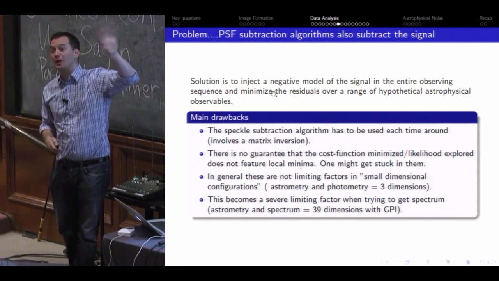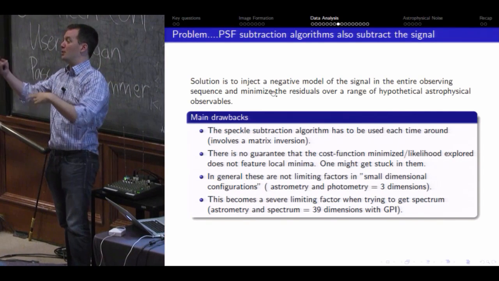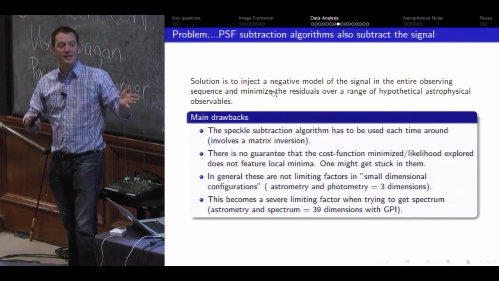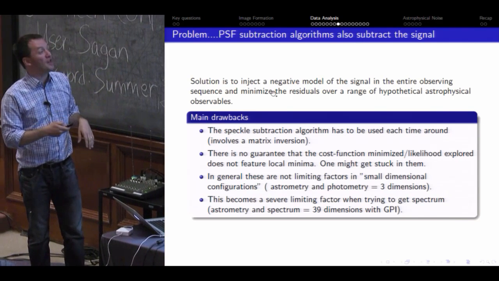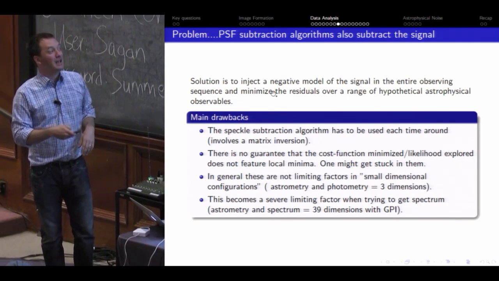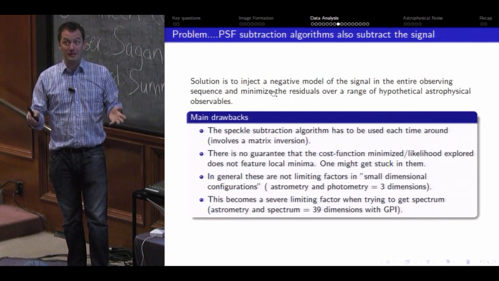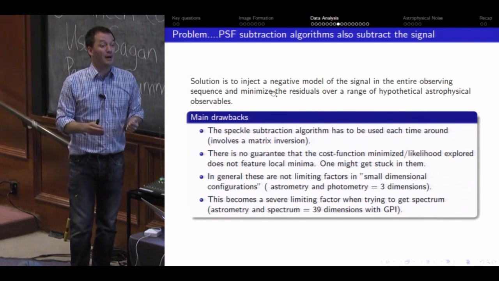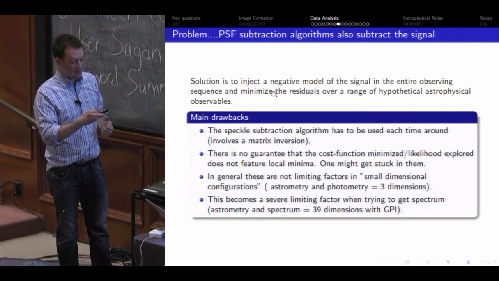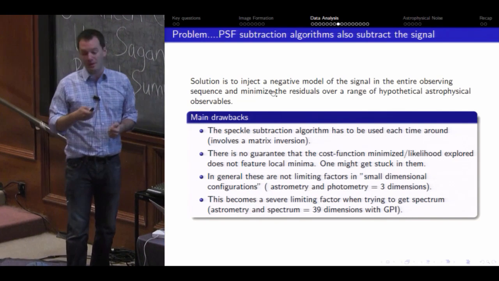Now, when you look at low-dimensional cases like astrometry and photometry, 3 dimensions, these degeneracies are not that bad. When you look at higher-dimensional cases, like data from an integral field spectrograph that Dimitri told you about, now you have 39 dimensions, and this is becoming a serious problem.